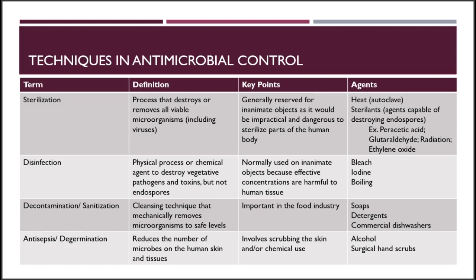So in the table you can see each of those 4 terms that you were introduced to. It's a basic definition of the term, and then some key points to keep in mind when we're applying this process, and then what are some examples.